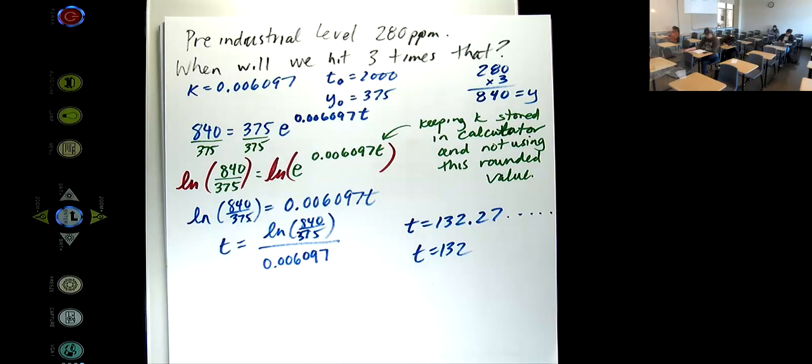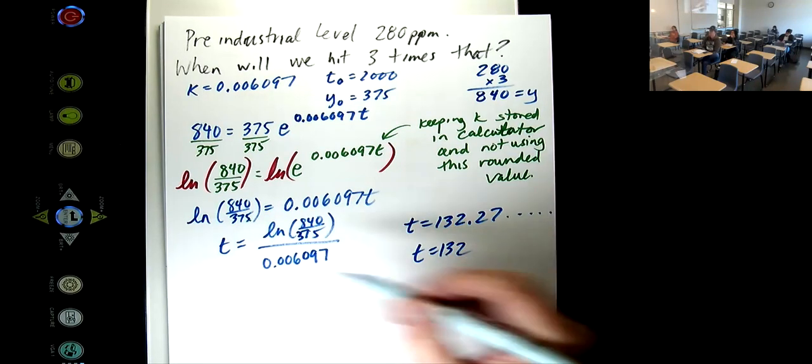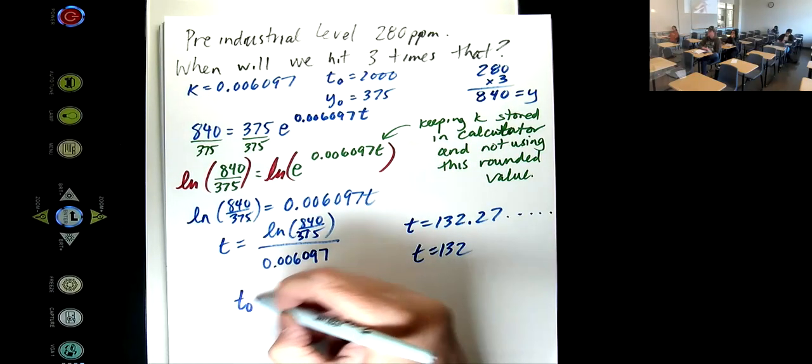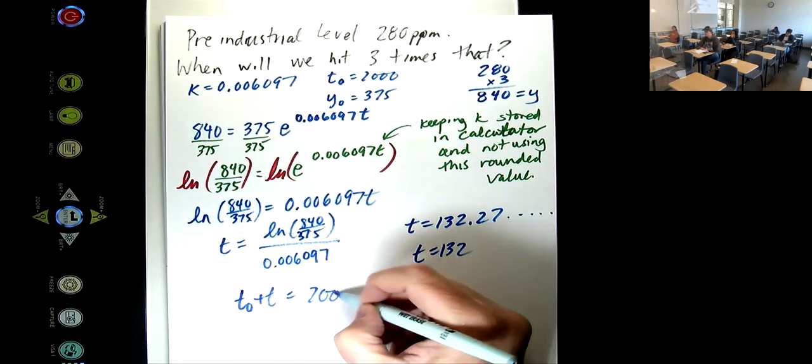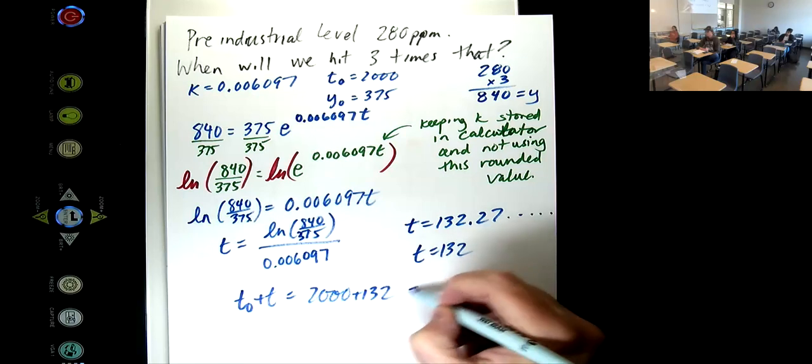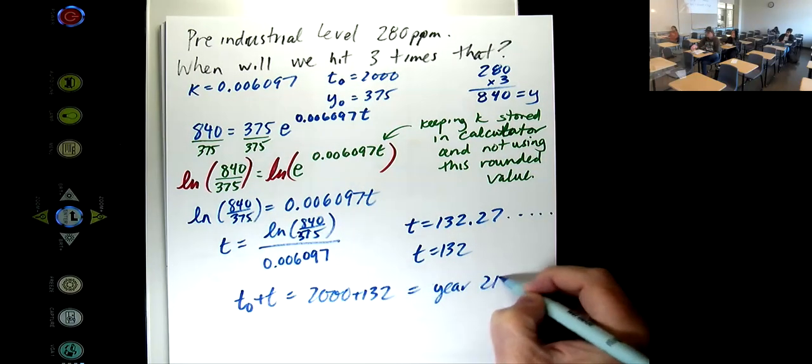That wasn't what it asked us though. It asked us when we will hit that. This is the T added to T naught. So T naught plus T, 2000 plus 132, is the year 2132.